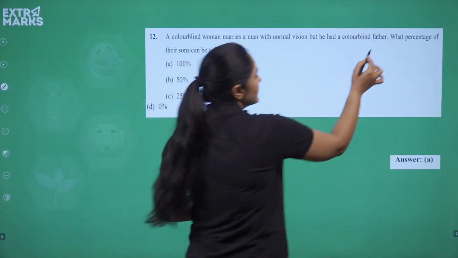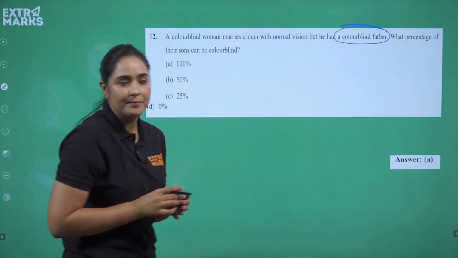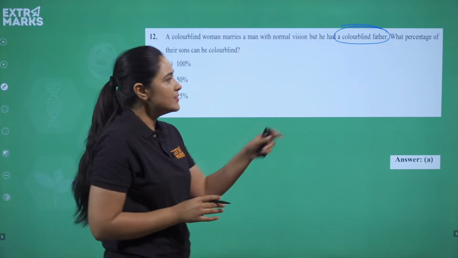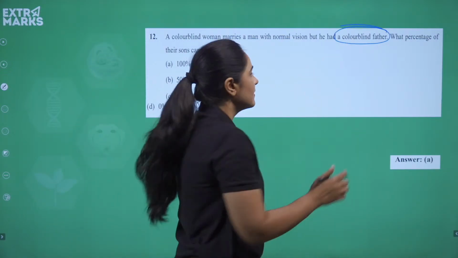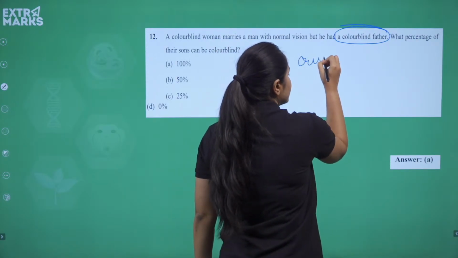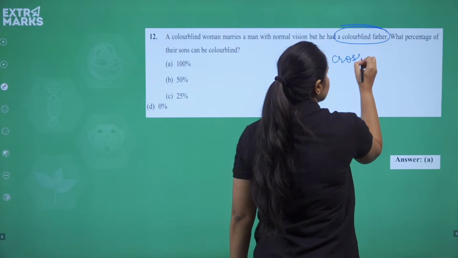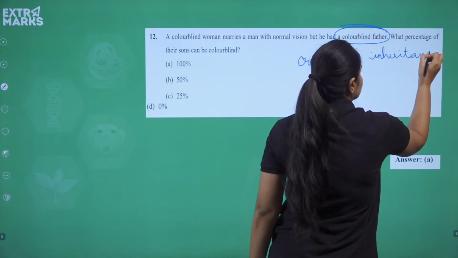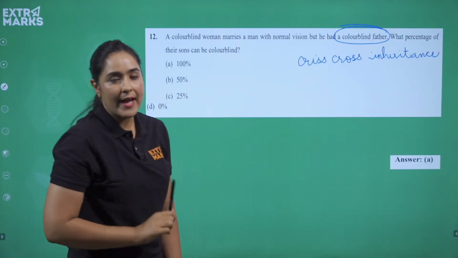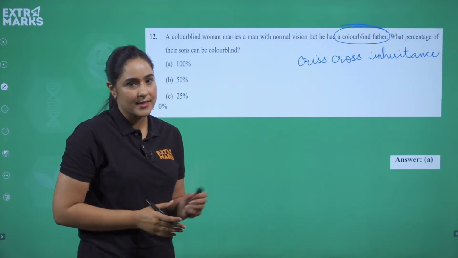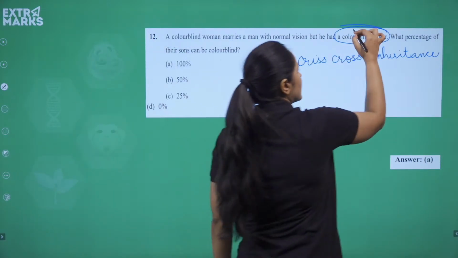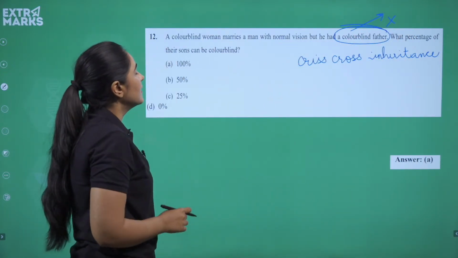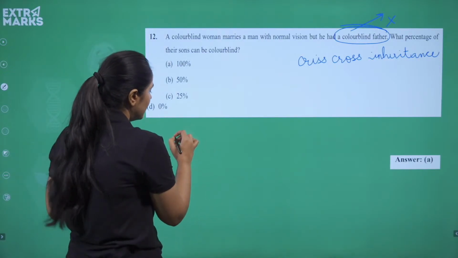Here if the statement is given colorblind father, it has no meaning here, because if a father is colorblind, as we are having in color blindness, crisscross inheritance, colorblind father cannot pass his mutant allele to his son. So obviously it has no relevance here. Not needed. So if we have to see here colorblind woman, she is colorblind here.